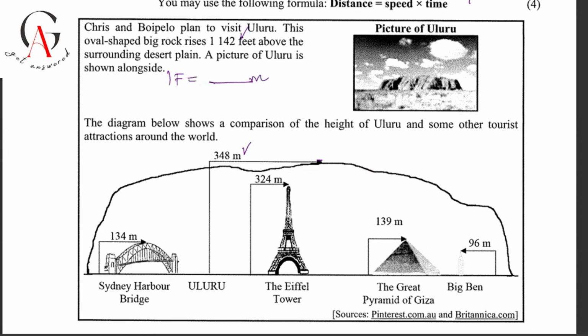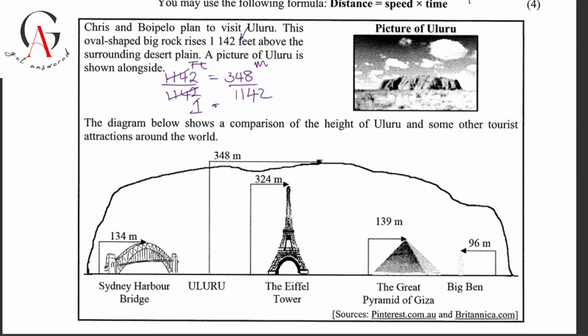So we shall put the feet on one side, which is 1142 equals 348. So these are feet and these are meters. Since we want one to be this side, we shall divide through by 1,142 on both sides. This goes with that, remain with 1.